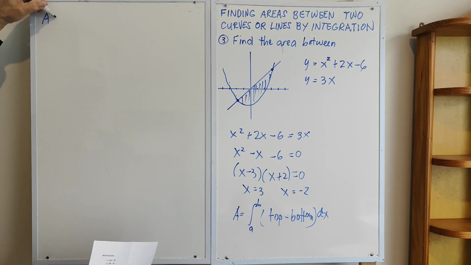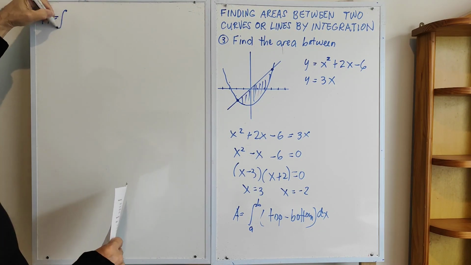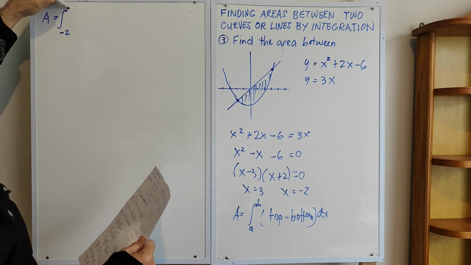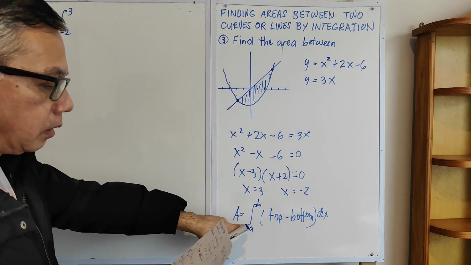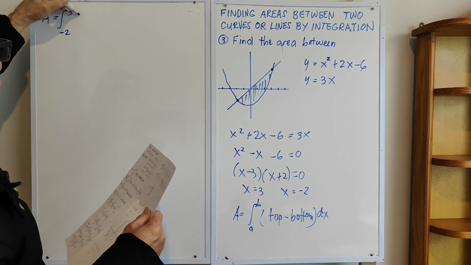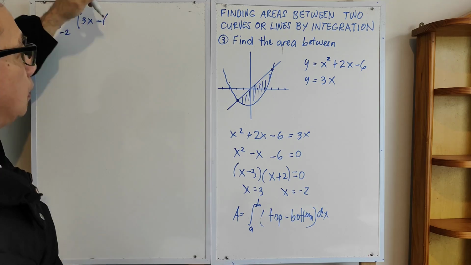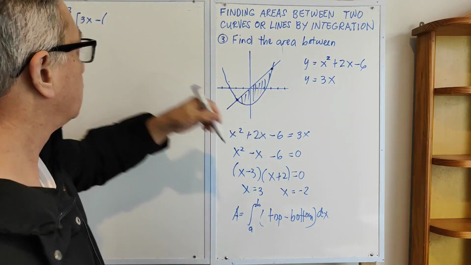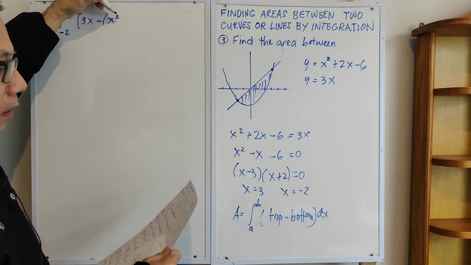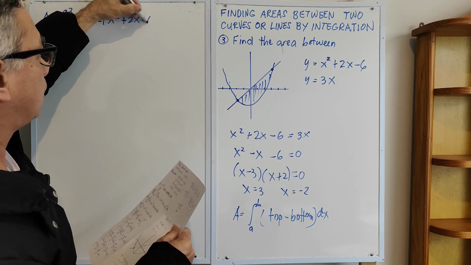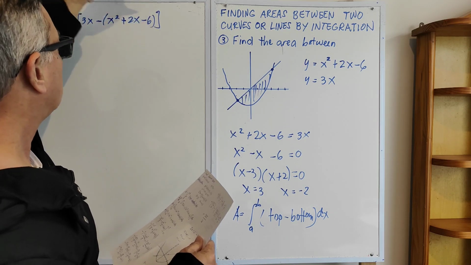So our equation will be the integral from negative 2 to 3 of 3x minus, so the bottom one is this one, x squared plus 2x minus 6 dx.